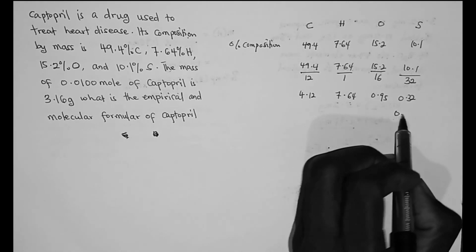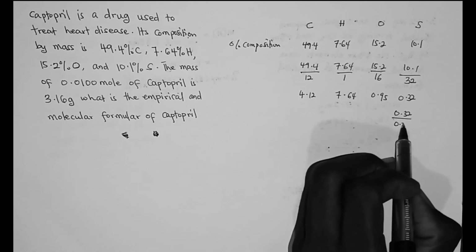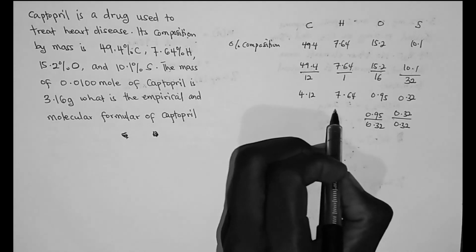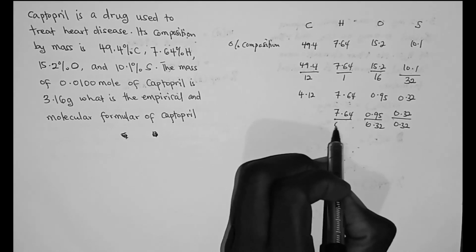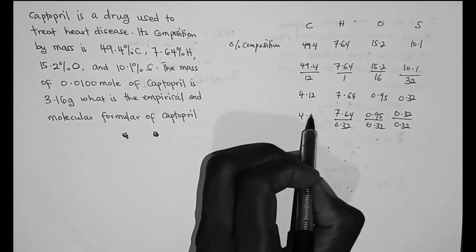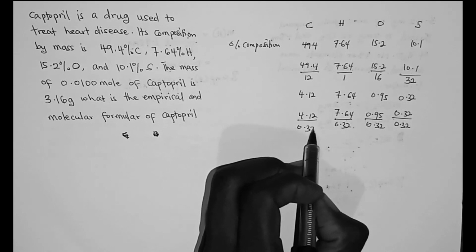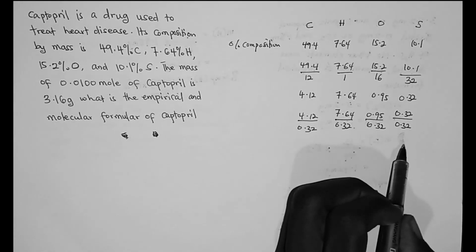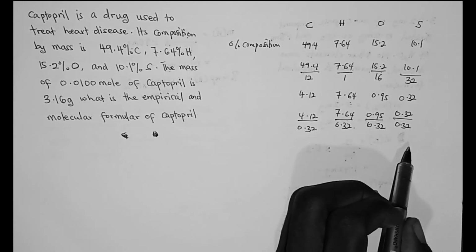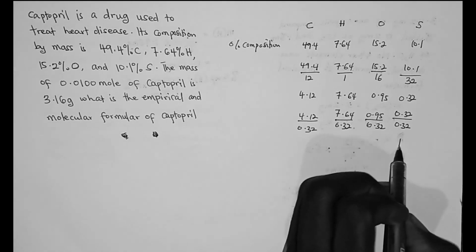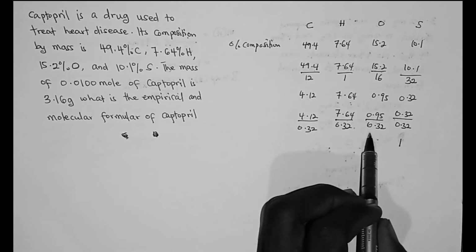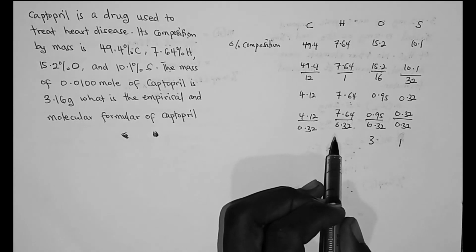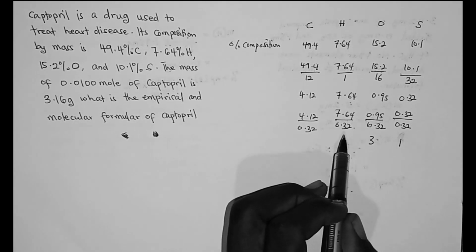So that will be 0.32 divided by 0.32, then 0.95 divided by 0.32, and 7.64 divided by 0.32, and then 4.12 divided by 0.32.